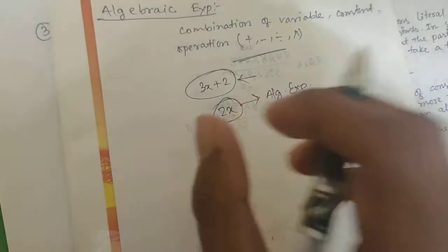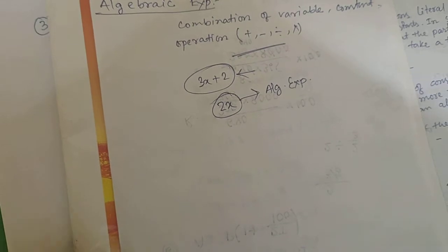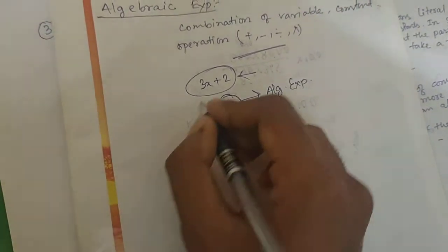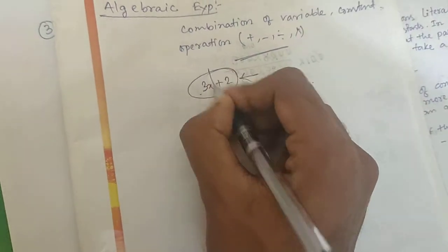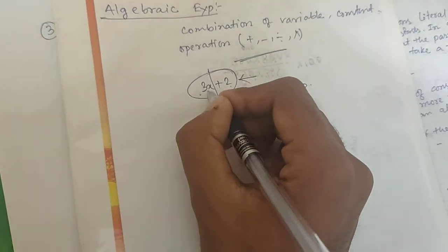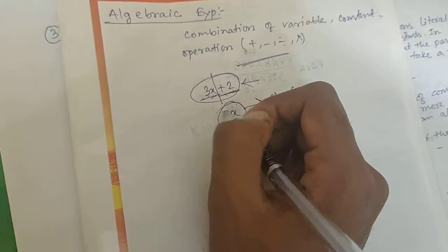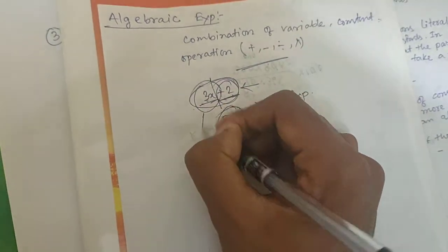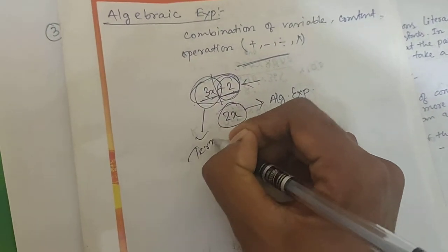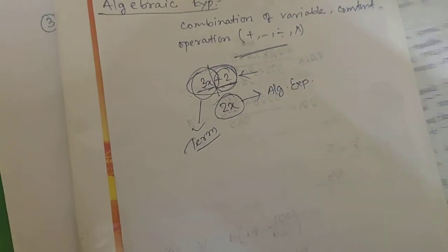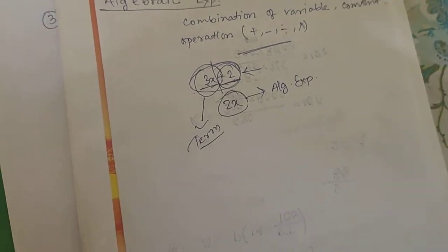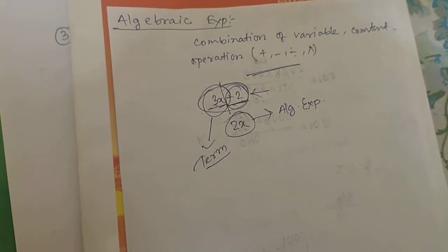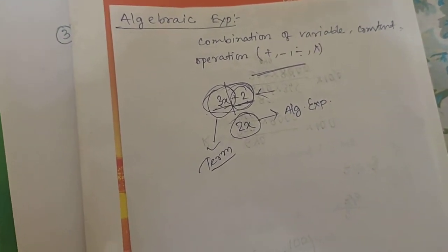Now, each and every algebraic expression has several parts. In the 3x plus 2, if we divide 3x and 2 into two parts, then each part is called a term. Usually we can call it the several parts of the expression separated by the sign plus.